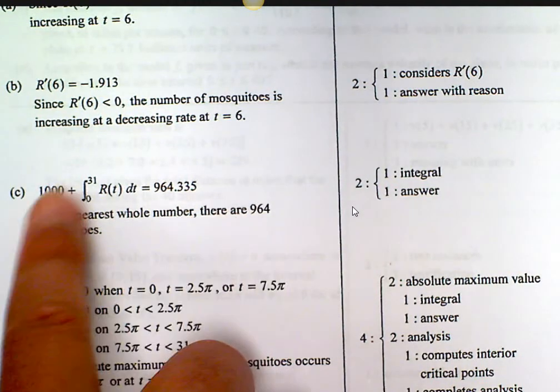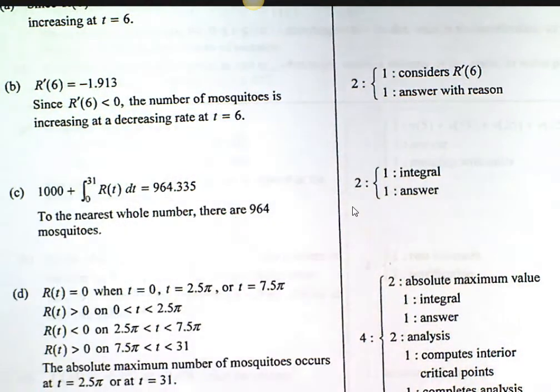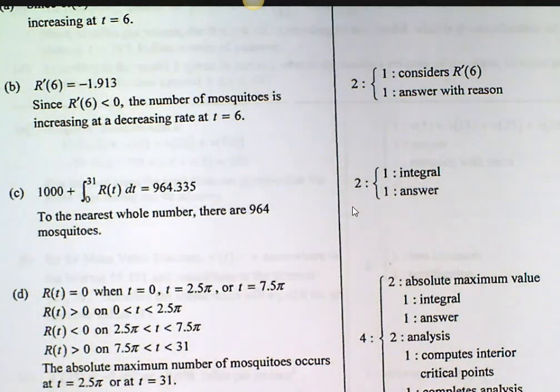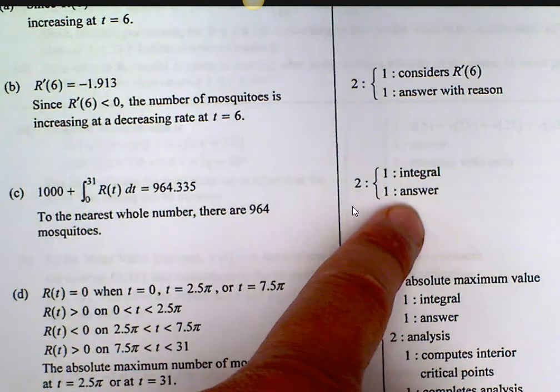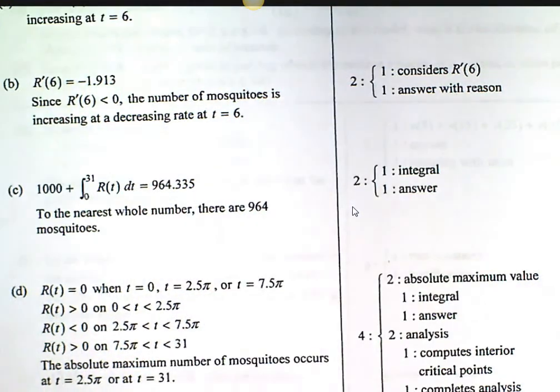No. So just check your equations, make sure they're balanced, especially when you're doing a bunch of stuff in the calculator. Did we have to say to the nearest whole number? No, you just have to put the nearest whole number. Okay, all right, 2 points. Everybody got it?